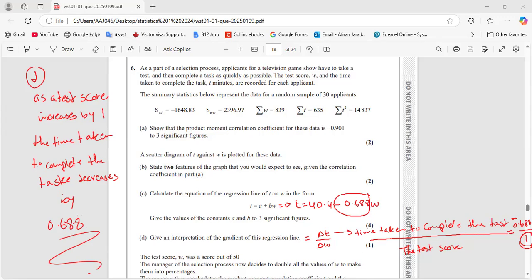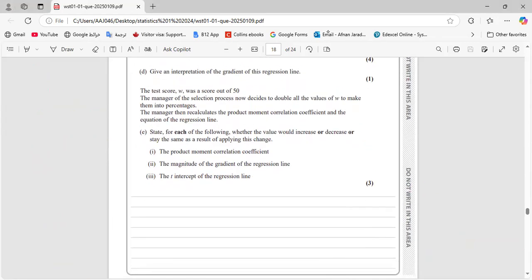I'm going to E. Test score W. The test score W was a score out of 50. The manager of the selection process now decides to double all the values of W to make them into percentages.